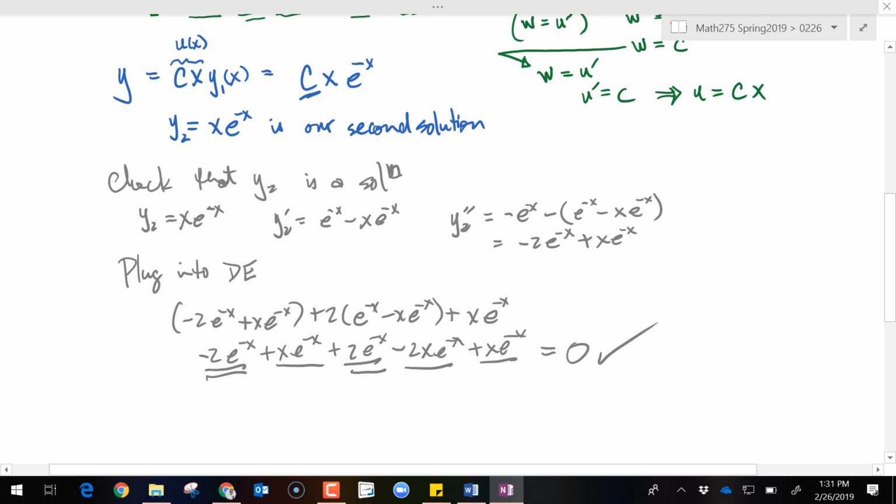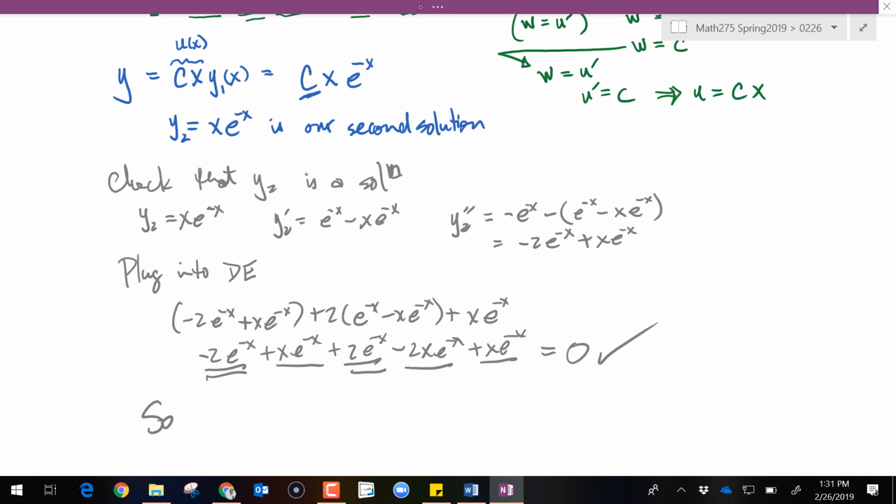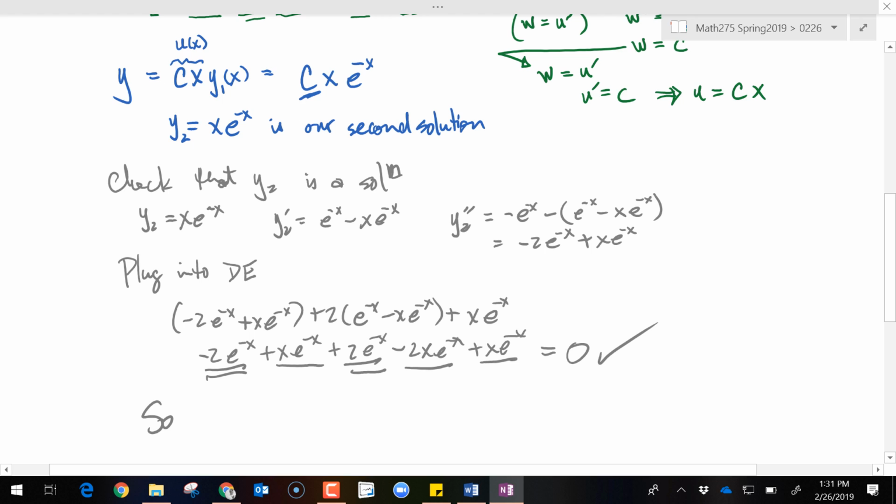Now we have our second fundamental solution, and we can finally write our general solution. So the general solution is going to be C1. What was the first solution that we got?